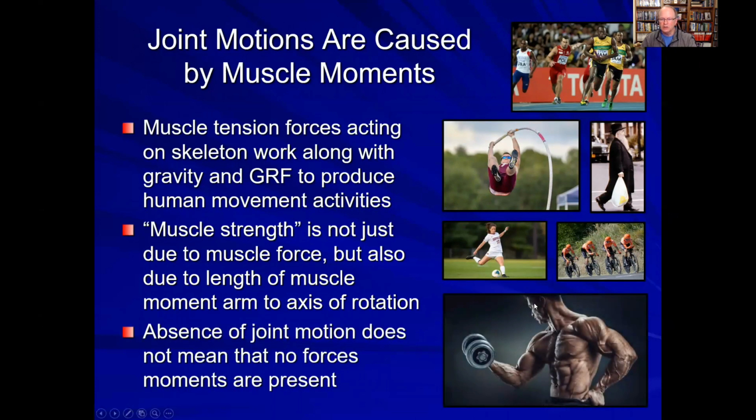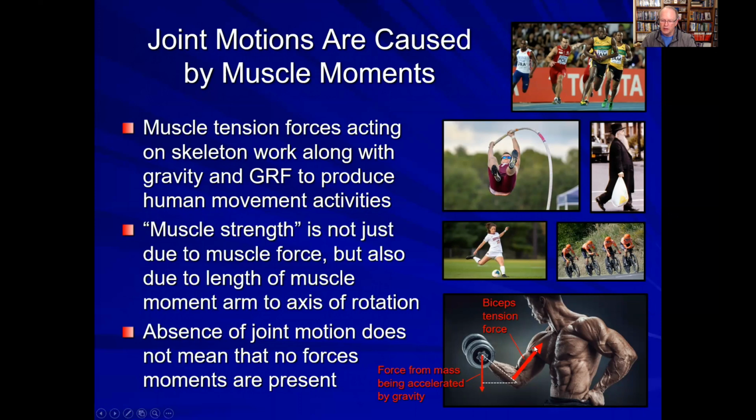We also have to understand that just because we see a joint not moving doesn't mean it doesn't also have forces and moments acting across it. So here we have a gentleman who's very well muscled, and he's holding a barbell. Its mass is going to be accelerated by gravity and produce a certain amount of force.